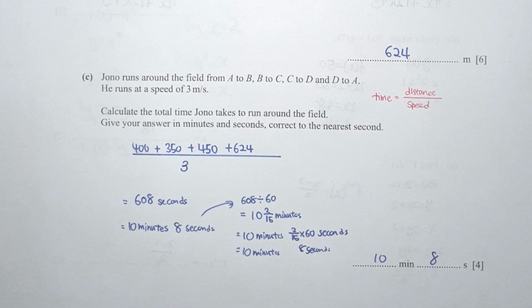So to find the time, we'll be taking distance divided by speed. You actually get 608 seconds, and this translates into 10 minutes and 2 over 15. But since they wanted the exact value, the 2 over 15 cannot be included, so you have to multiply by another 60 to convert it into seconds. So your final answer should be 10 minutes and 8 seconds.